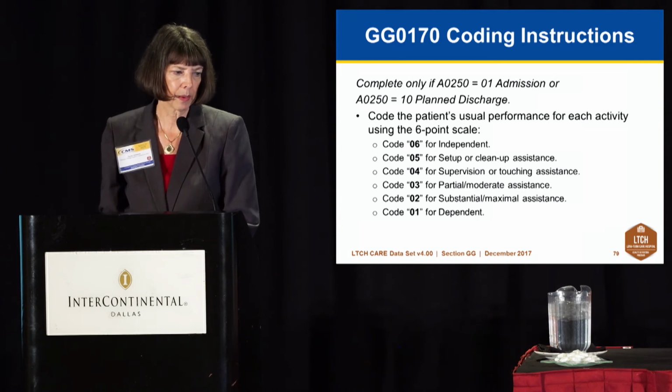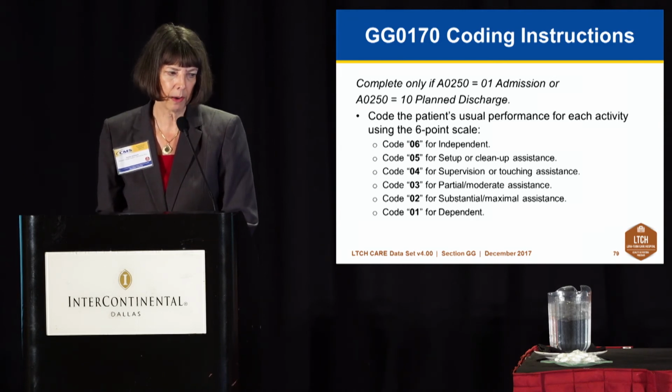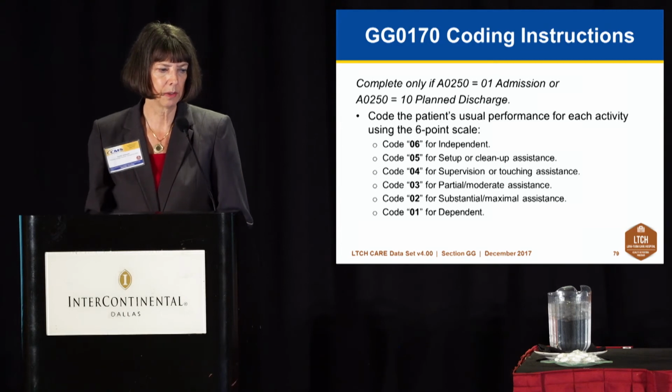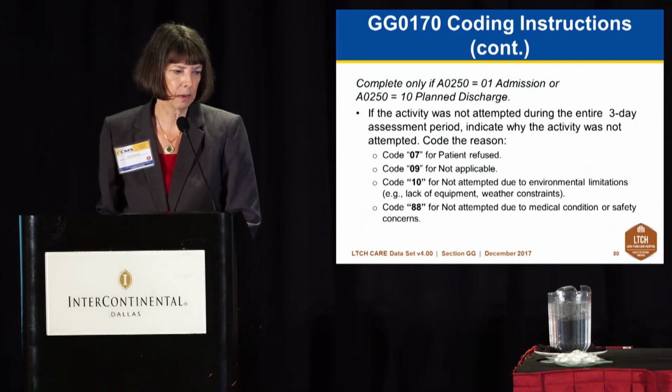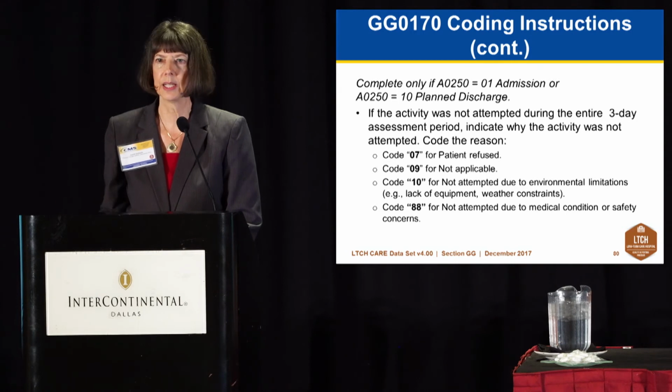So we have our codes that we've already gone through, so we won't go through these again. The 6-point codes are 06, 05, 04, 03, 02, 01, and we'll have opportunities to use these codes, as well as we've reviewed what coding you'll be using if the activity did not take place.